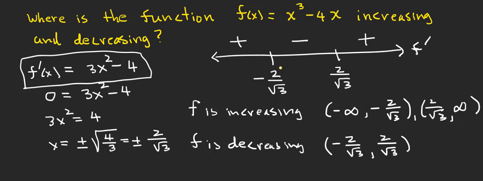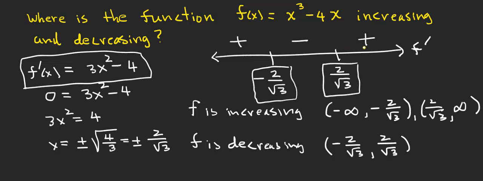So a local max occurs when x equals negative 2 over radical 3, because f prime changes sign from positive to negative there. Now what about local minimum? We know that a local minimum occurs when f prime changes sign from negative to positive. So the local minimum of f of x occurs when x equals 2 over radical 3, because f prime changes sign from negative to positive.